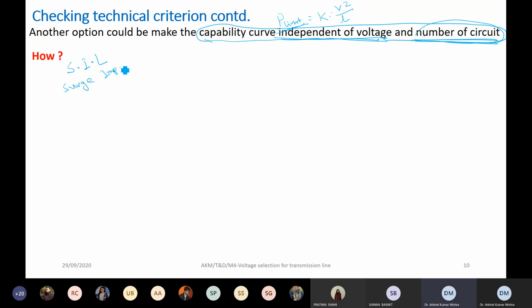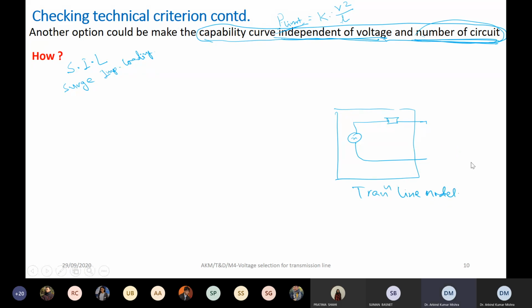What is surge impedance loading? You have a line. It has line impedance itself. You have the source. I'm making a transmission line model. This is a transmission line model.